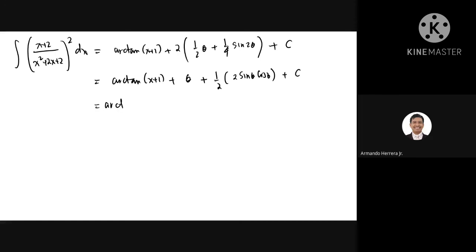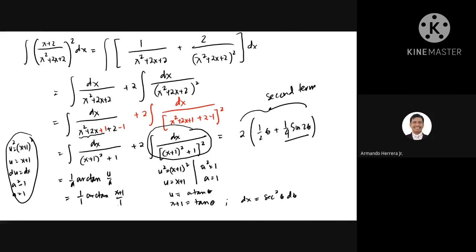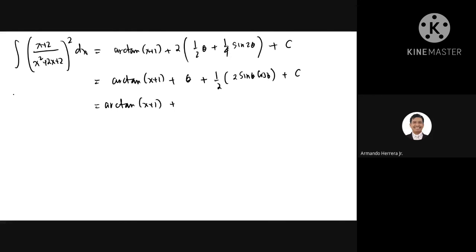So this is now arctangent of x plus 1 plus theta. From our substitution, x plus 1 is equal to tangent of theta. Therefore, theta is inverse tangent of x plus 1. And from there, we can build a triangle from the definition of tangent theta, that is x plus 1 over 1, using TOA, opposite x plus 1 over adjacent 1.